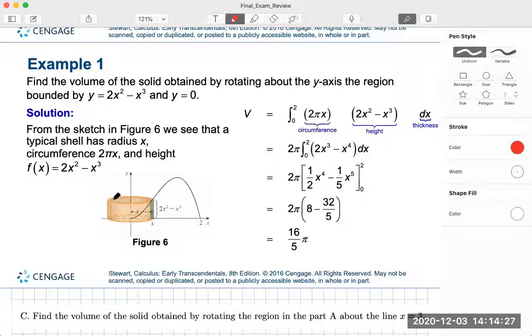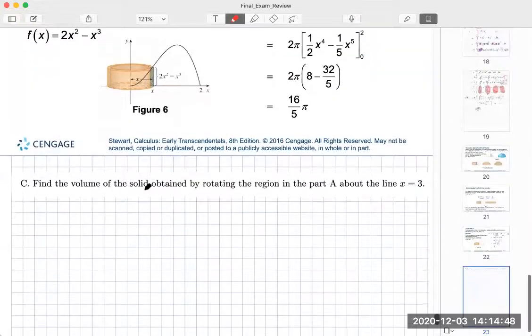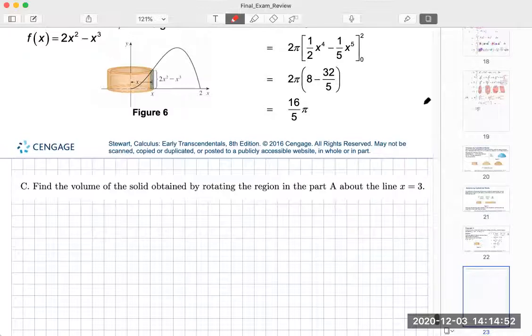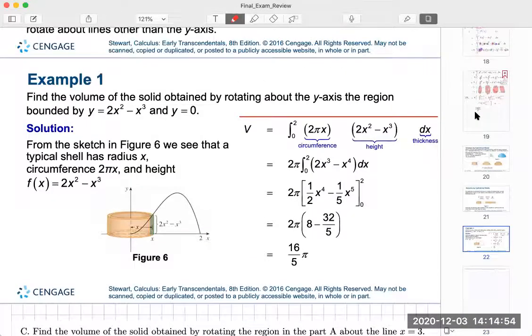It will create the cylinders here, and let x run from 0 to 2. The volume will be this guy. The same logic. We want to find the volume enclosed by the lines given in part A, which is this figure.